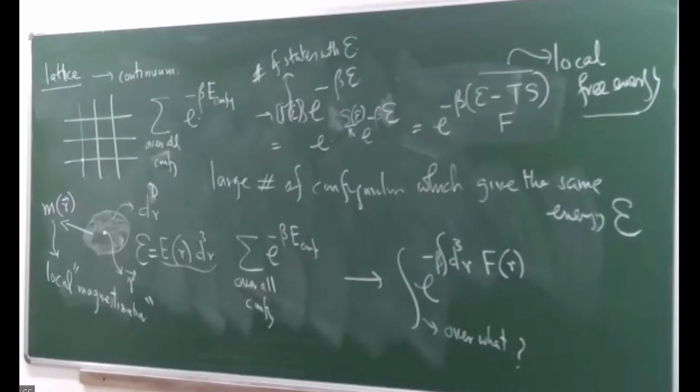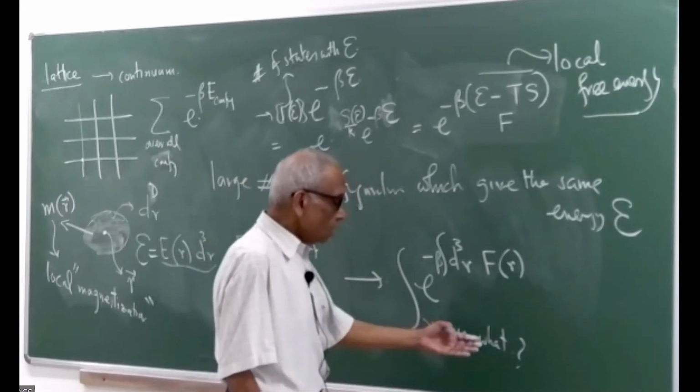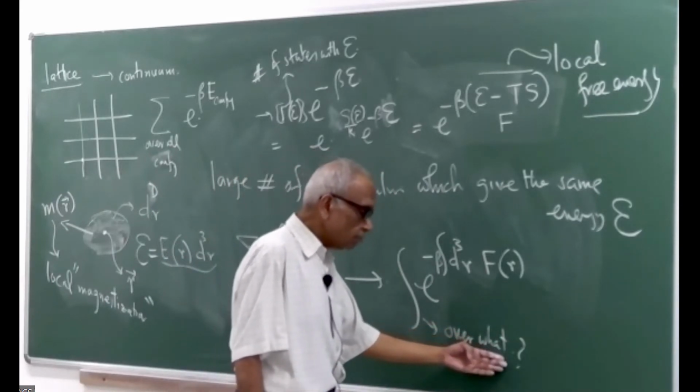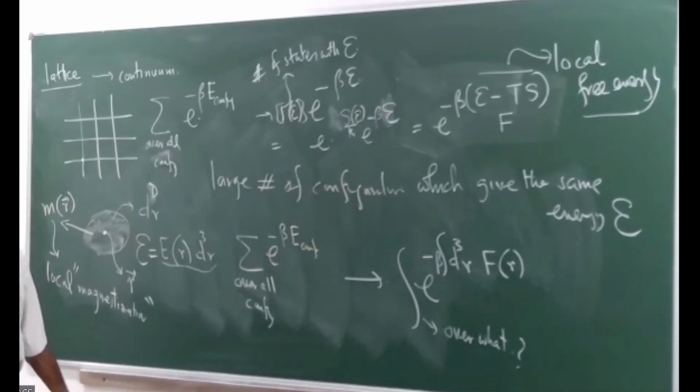So this region is characterized by local magnetization, and so when the question is over what, the answer is over all possible m of r.